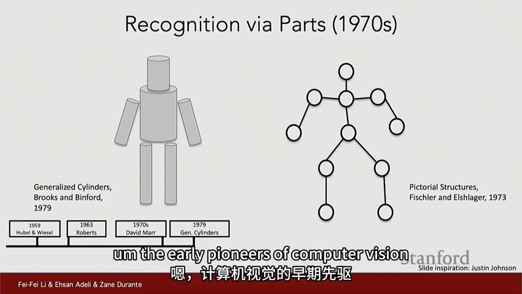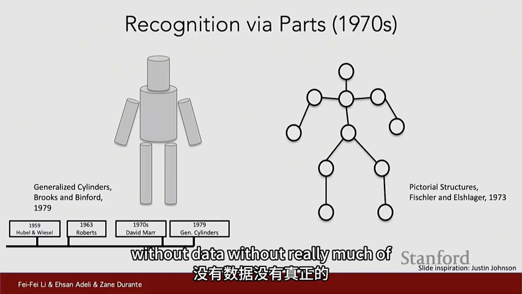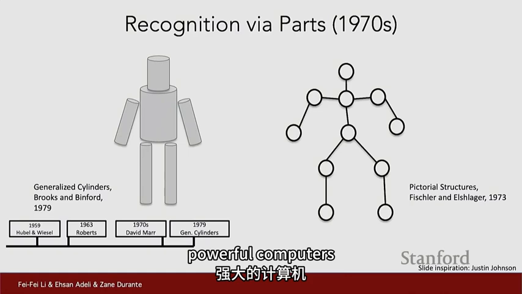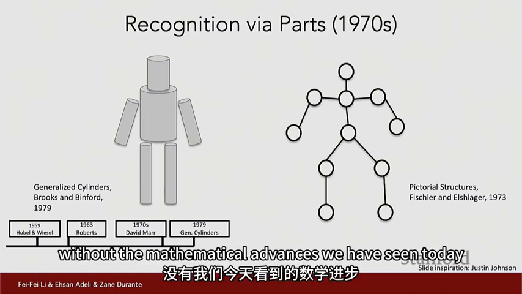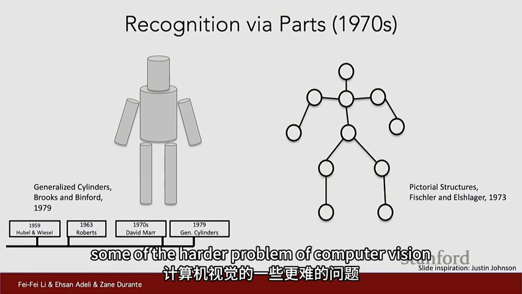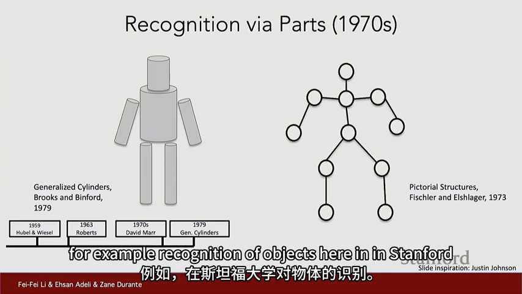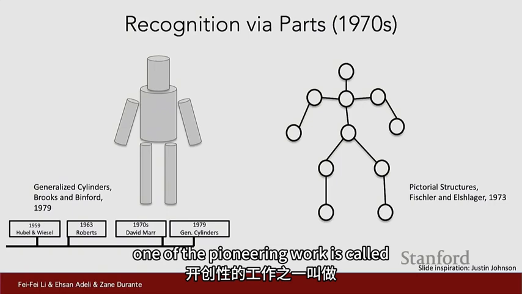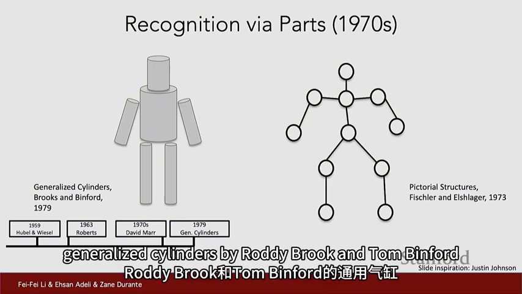In the 1970s, the early pioneers of computer vision, without data, without much powerful computers, without the mathematical advances we have seen today, were already beginning to solve some of the harder problems of computer vision. For example, recognition of objects. Here at Stanford, one of the pioneering works is called Generalized Cylinders by Rodney Brooks and Tom Binford.